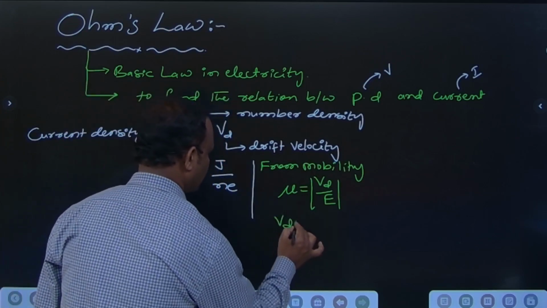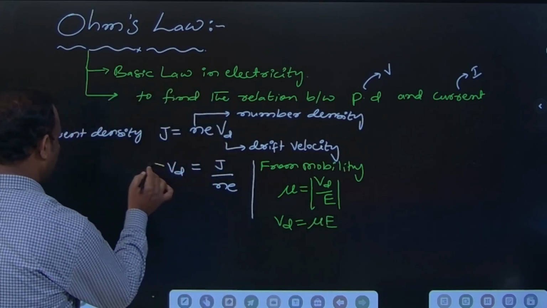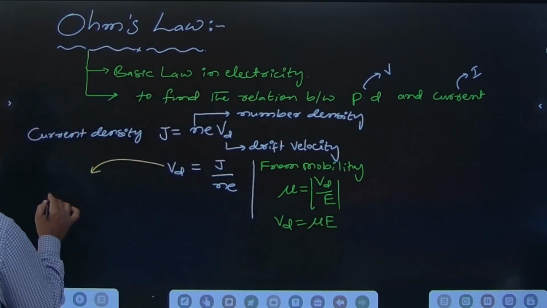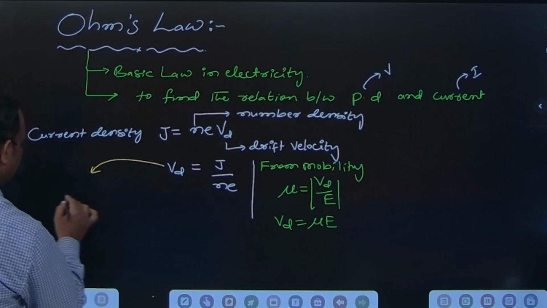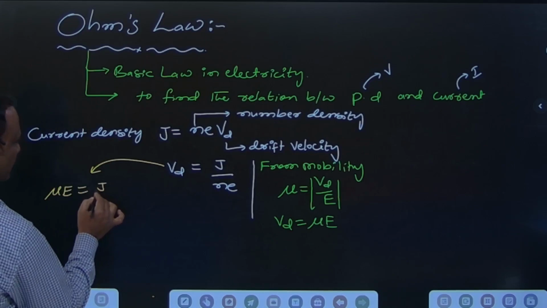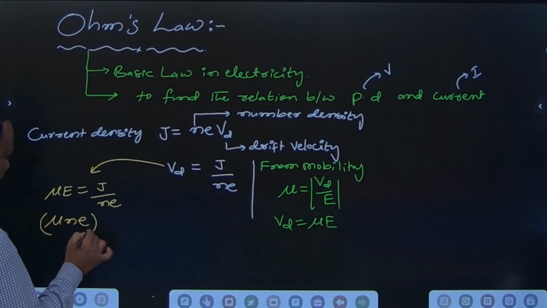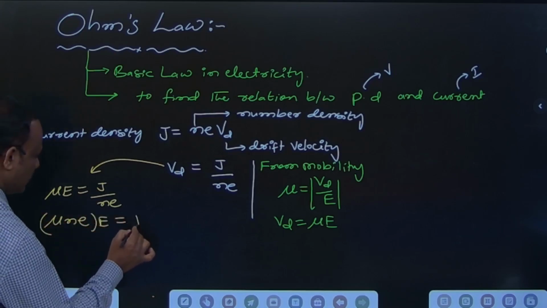So vd is equal to mu into E. Here vd, mu into E, is equal to J by ne. So next, mu n e into E is equal to J.